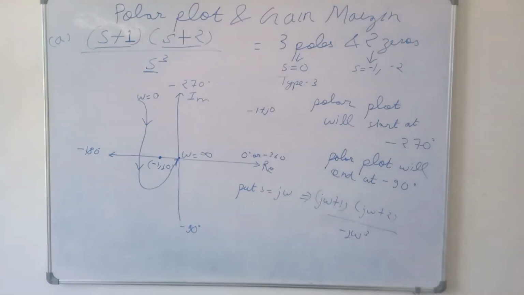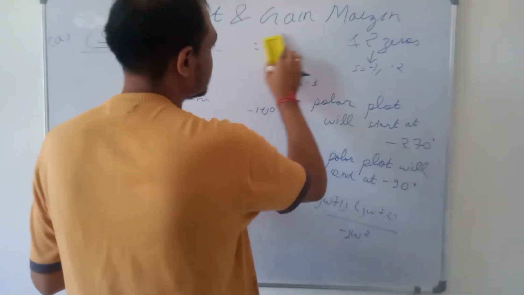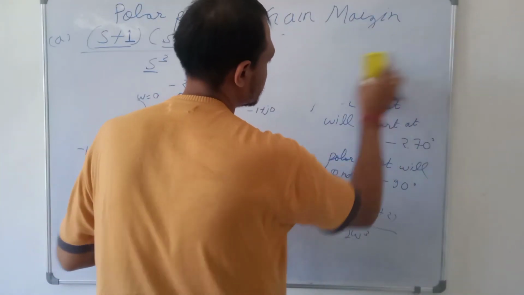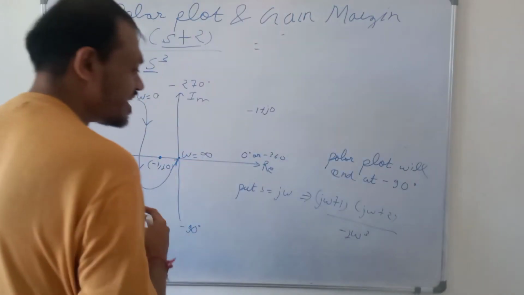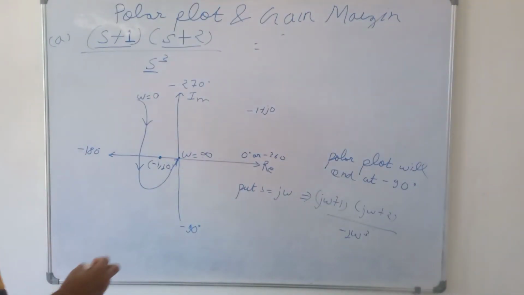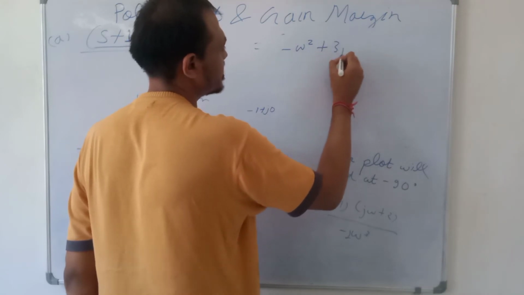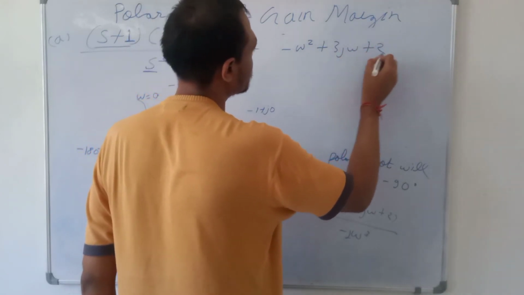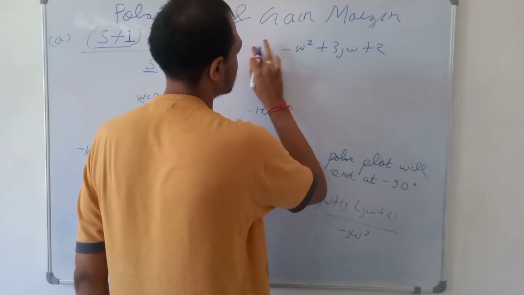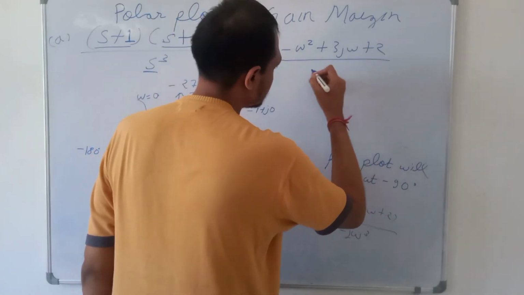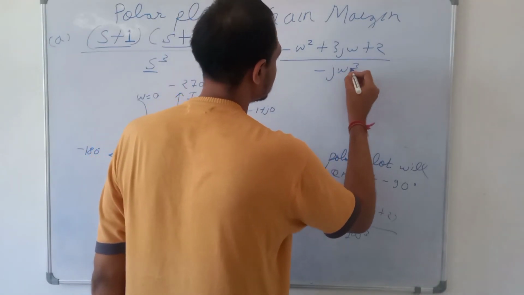Now we have to find the gain margin of this system. So for gain margin, just multiply these two terms. So we get minus omega square plus 3j omega plus 2 upon minus j omega cube.